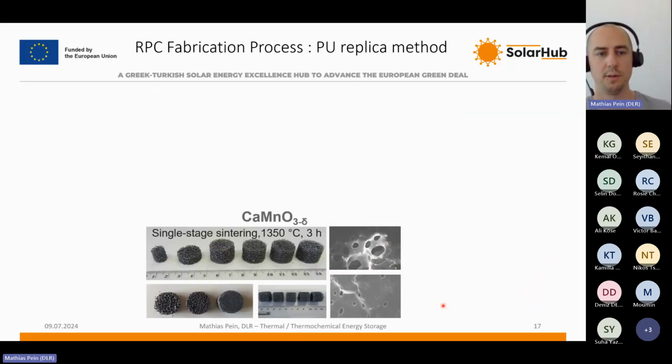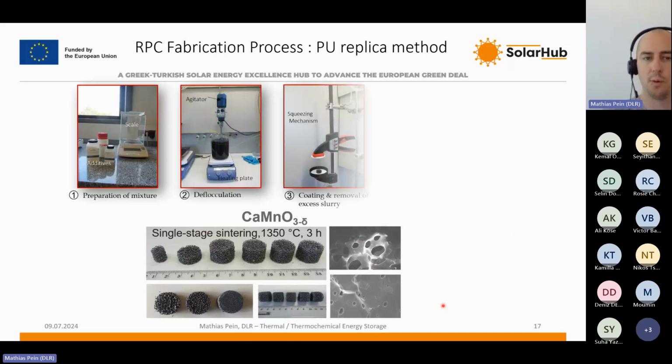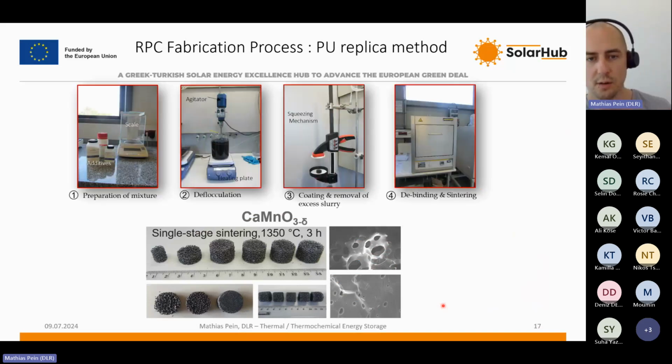So you can see some examples of smaller lab scale foams that we have produced, made from calcium manganese oxide, through the replica method, where you dip a polyurethane foam into a slurry, dry it, burn it off, and what you get out is a replica of the original polymer foam.